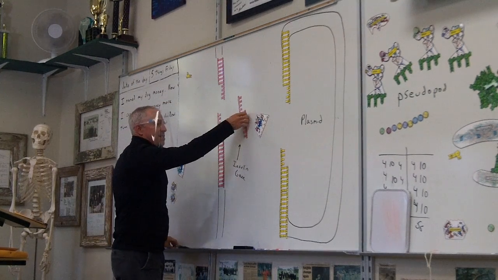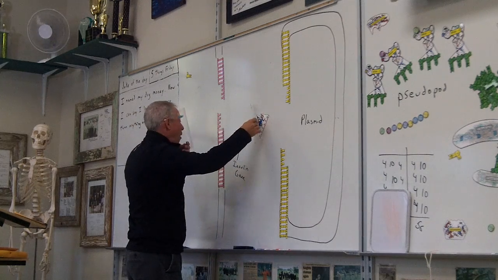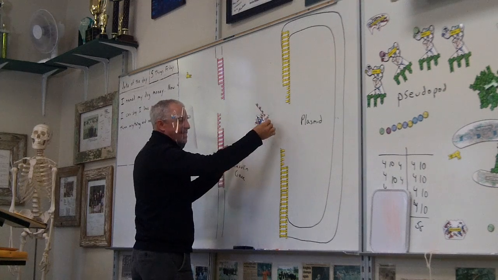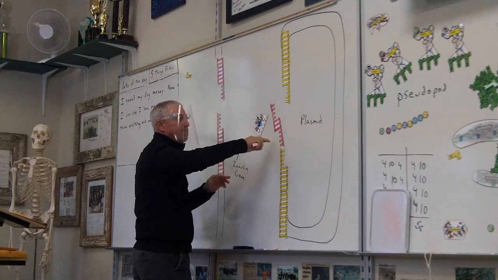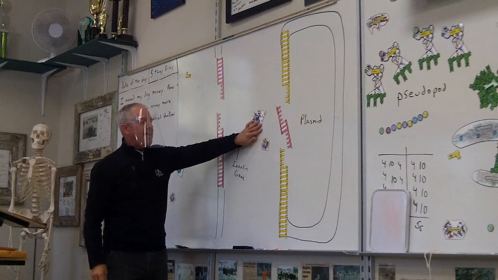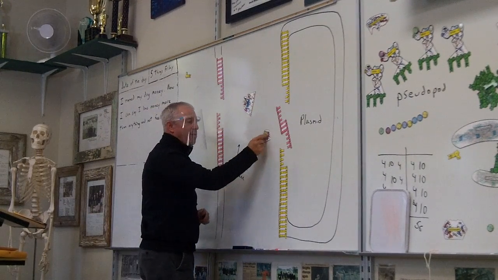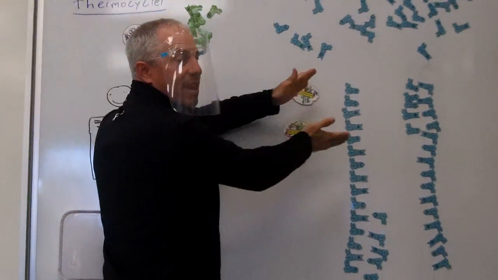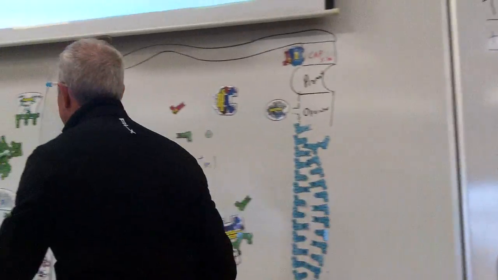You then take these insulin genes that you've cut out, and you put them in a test tube with the cut plasmids. And you put in an enzyme called DNA ligase. You probably remember DNA ligase from way over here when we put together the Okazaki fragments. Remember that? Remember DNA ligase?